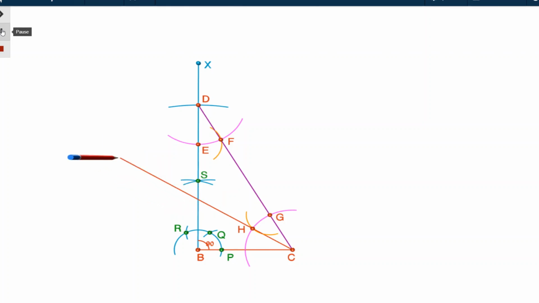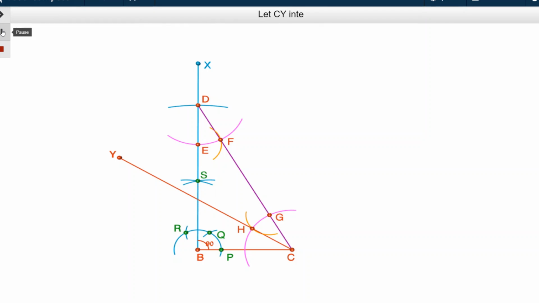So children, we have made angle DCY equal to angle BDC. See here, line CY intersects BX at some point. That point is the third vertex of the triangle ABC.